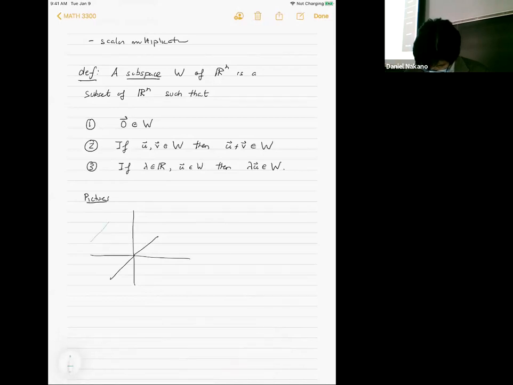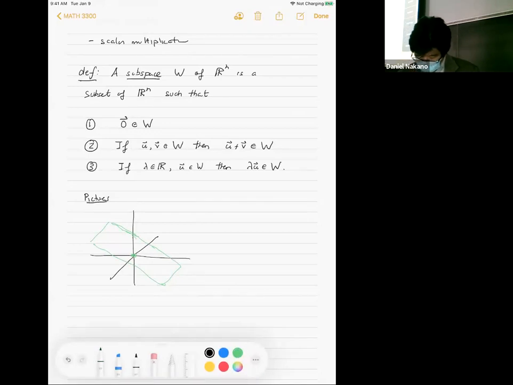Let's say I take a plane here, and let's say it contains the origin, like that. So this is W over here.